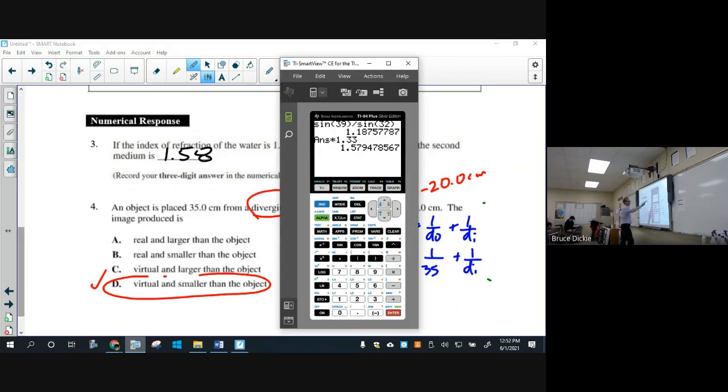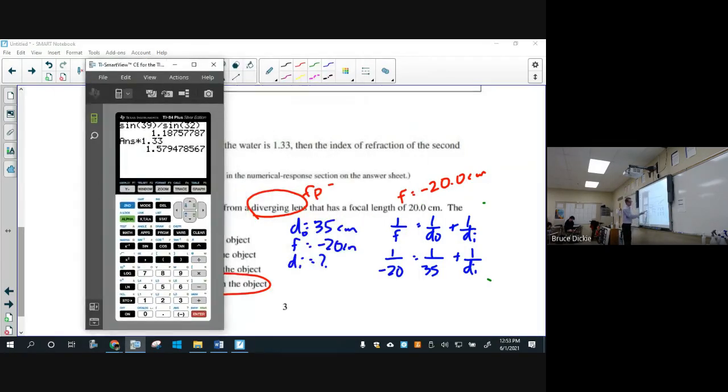Now, on our calculator, we're going to say 1 over 20. Sorry, that's wrong. 1 over negative 20. Easy to make a mistake like that, right? Be careful. Check your work. Be conscious of everything you do.